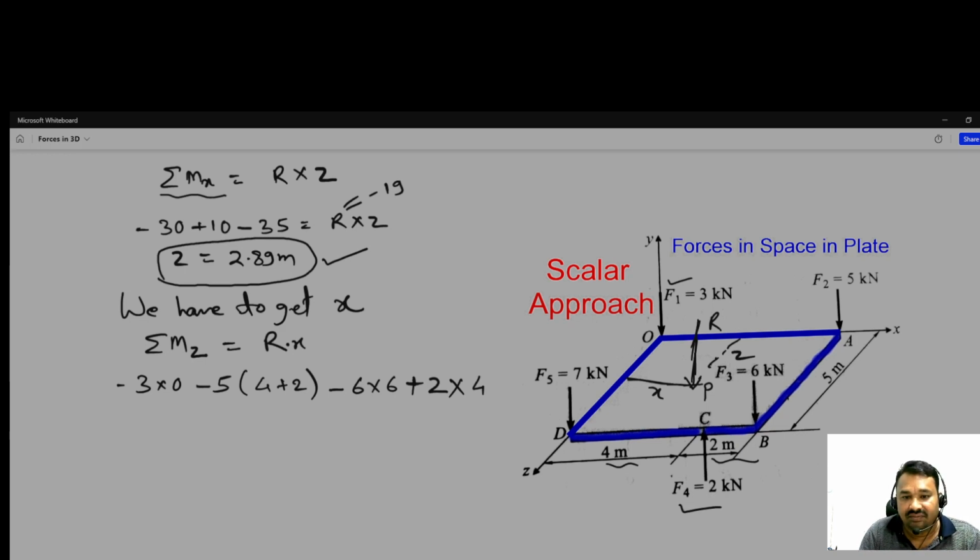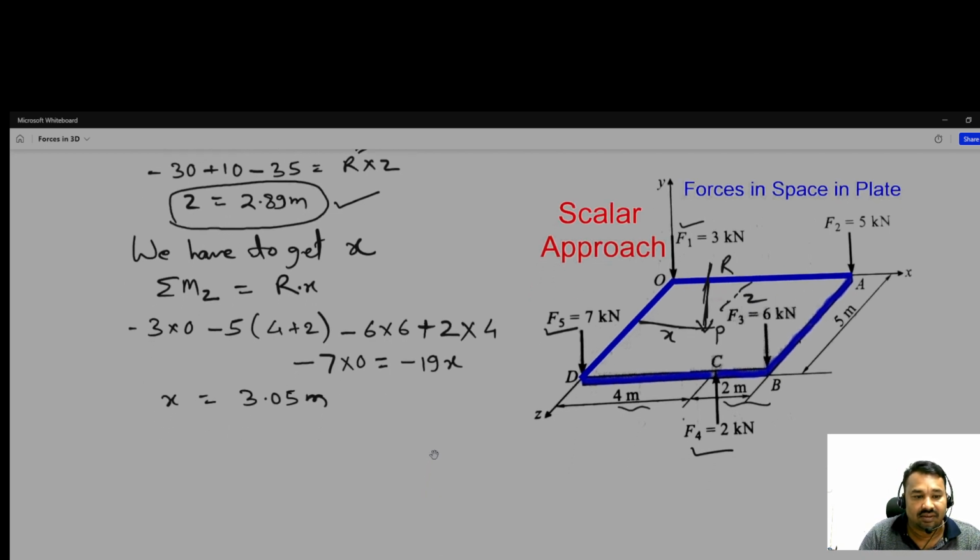What about the last one, F5? Minus 7, and it lies on the z-axis, that's why 0, equal to Rx, which is minus 19x. By solving this we get x is equal to 3.05 meter.